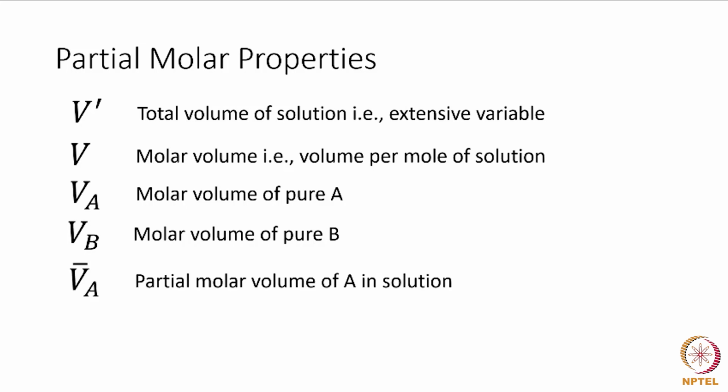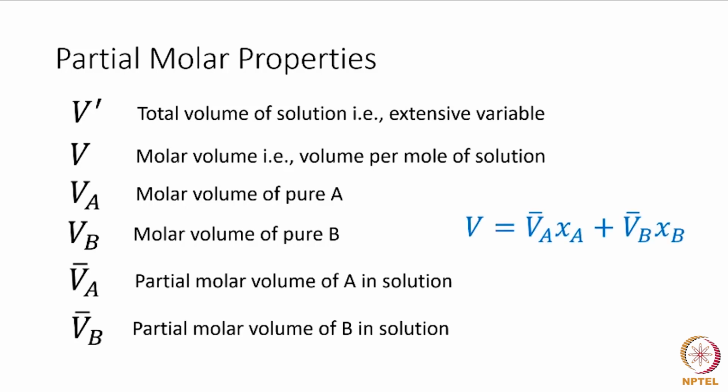So we now determine the partial molar volumes using new symbols which have a bar on top. Va bar is partial molar volume of A in the solution, and Vb bar is partial molar volume of B in solution.